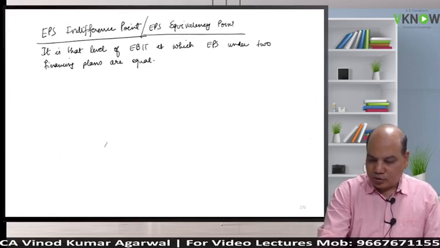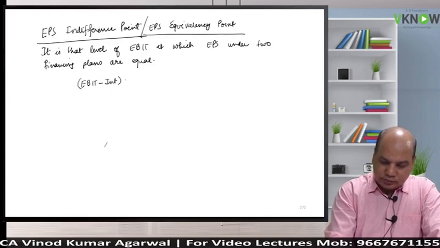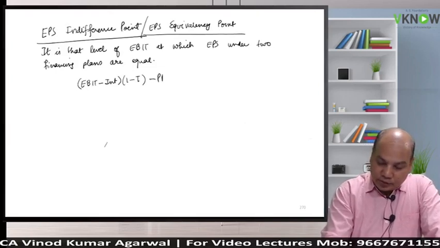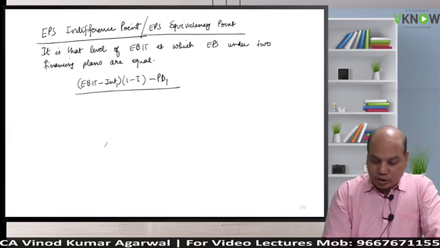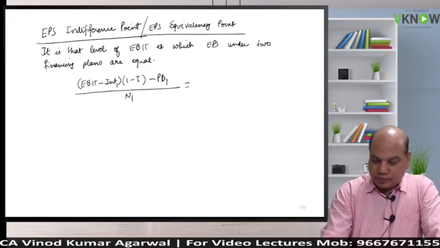So how do we solve? We'll write an equation and solve. EBIT minus interest into 1 minus tax rate minus preference dividend 1, that is EPS under first plan, divided by number of shares N1.